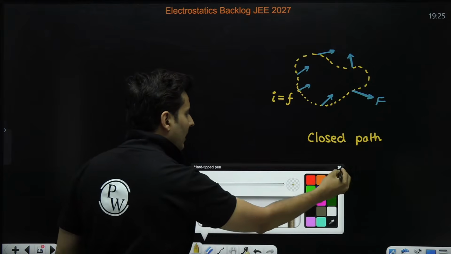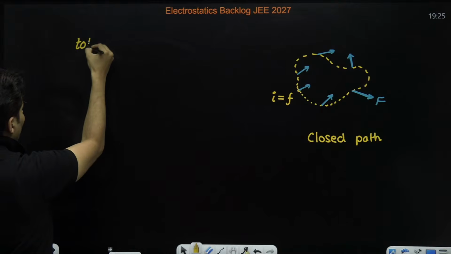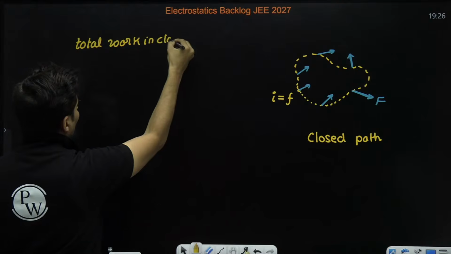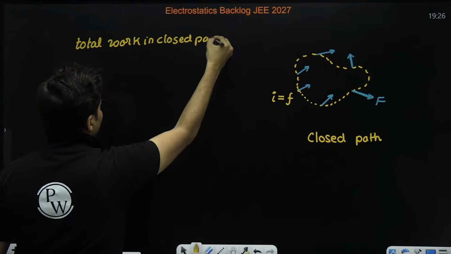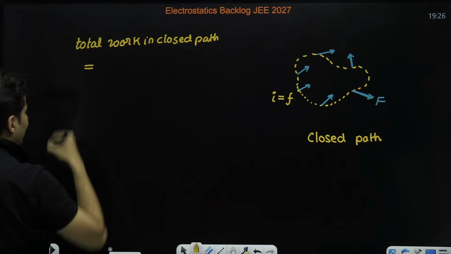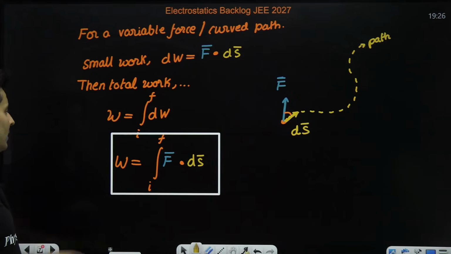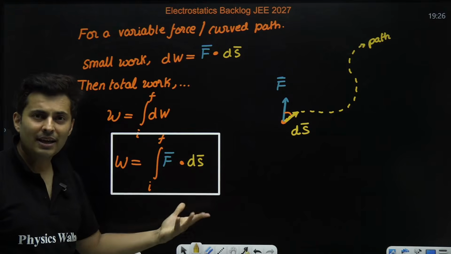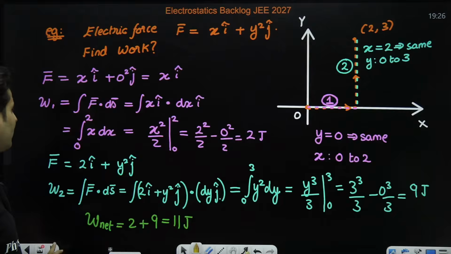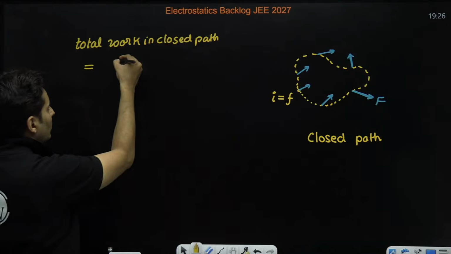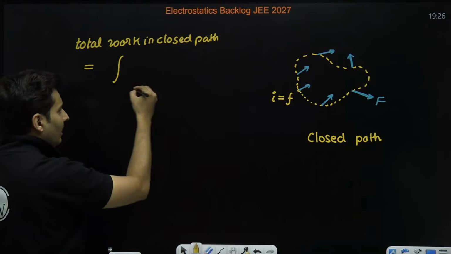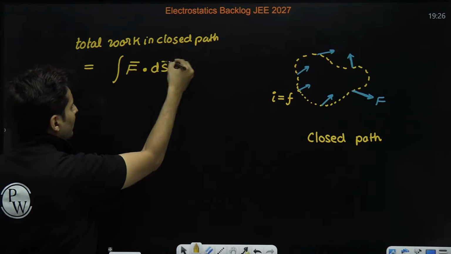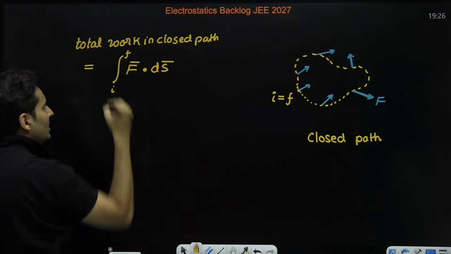So if I calculate the total work in a closed path, then the work will be due to a variable force, variable displacement, variable angle, isn't it? So I have to use integration. No doubt about it. So I will put an integral over here and I will put force dot displacement, but my initial and final location are the same.